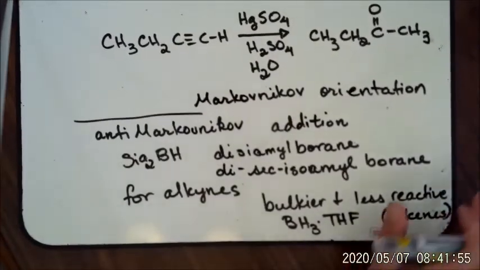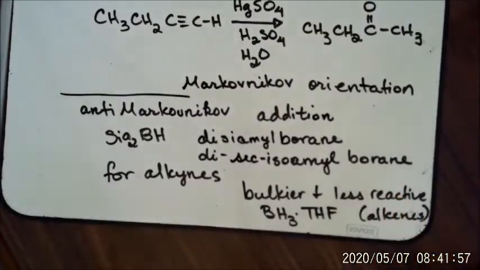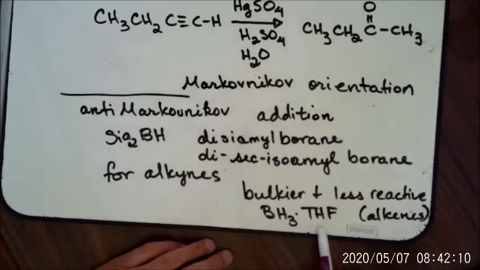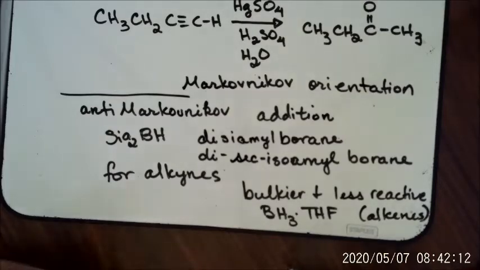So, one of the keys here is when you look at your alkynes, that third pi bond is more reactive. But here you want it bulkier, otherwise if you use the borane THF, it'll add twice.